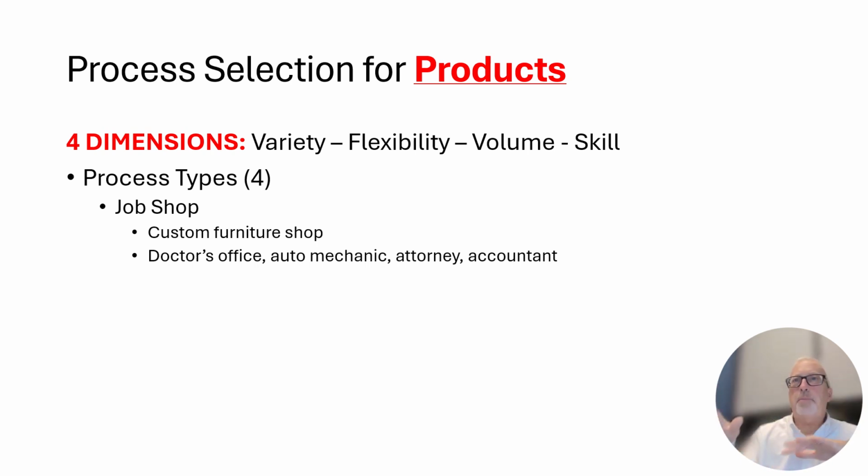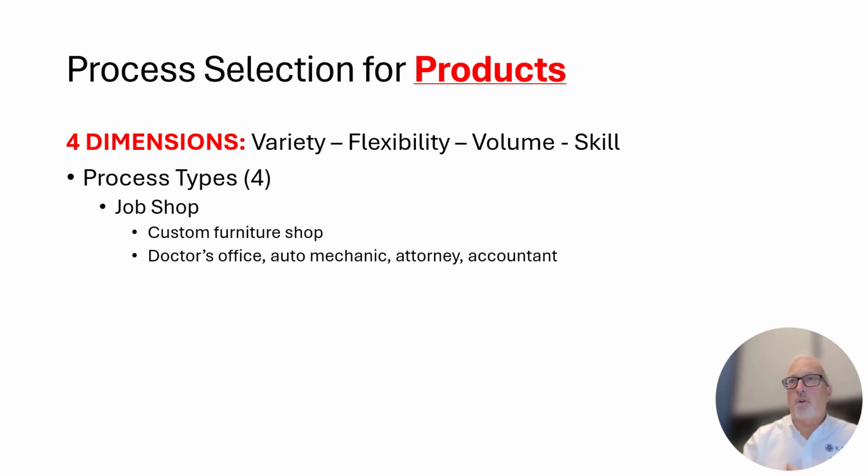So process types feed into this, and in a process type we should answer these 4 dimensions. A job shop is one type, and that would be where custom work is done. A furniture shop, or if you want to look at a crossover with services, a doctor's office, a mechanic, an attorney, or an accountant, because each customer comes in and needs something special done, custom.